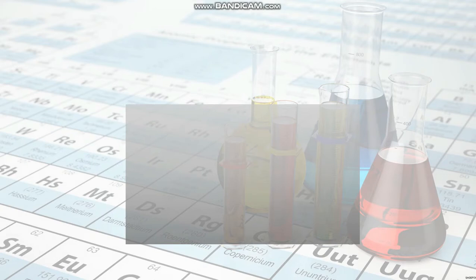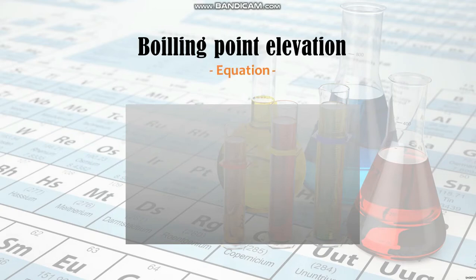Then how does the equation for boiling point elevation look? It's delta T equals Kb times m times i. The Kb is the boiling point elevation constant, and in the case of water it is about 0.51. m, as you might guess, is molality, and i is the van 't Hoff factor.